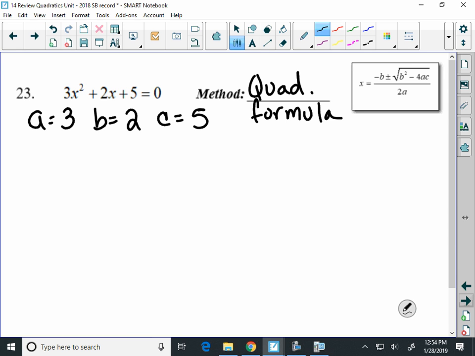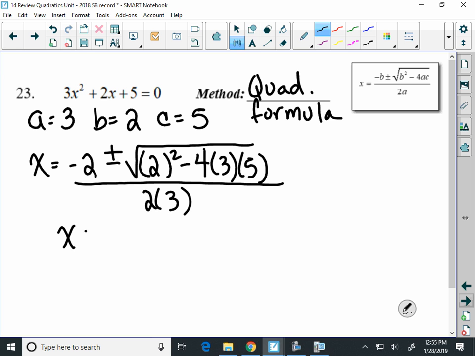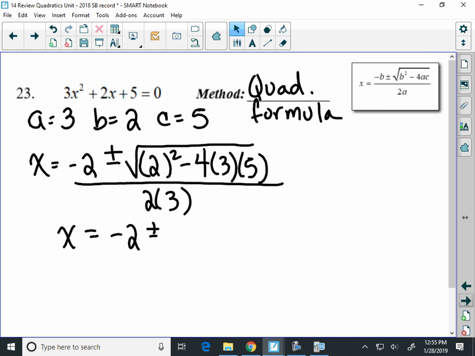I'm going to fill in the quadratic formula. And it is x equals the opposite of 2, the opposite of b, plus or minus the square root of b squared minus 4 times a times c, all divided by 2a. Okay? When we continue with this problem, the next thing I'm going to do is type in what's underneath the radical.